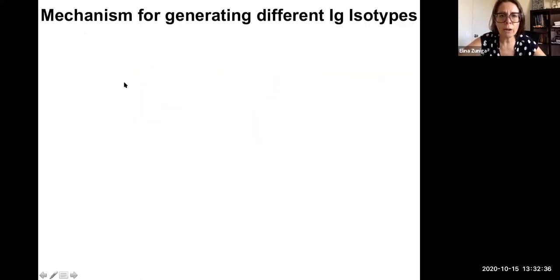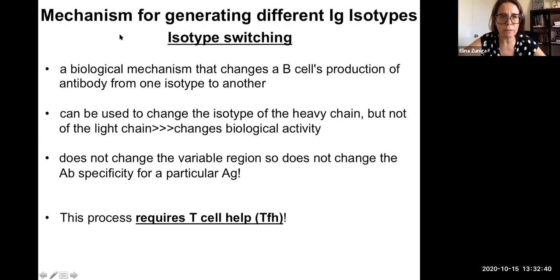So what are the mechanisms for generating different isotypes? A biological mechanism that changes B cells' production of antibodies from one isotype to another is called isotype switching. A B cell always starts producing IgM, and then can switch to other isotypes, and that process is called isotype switching.